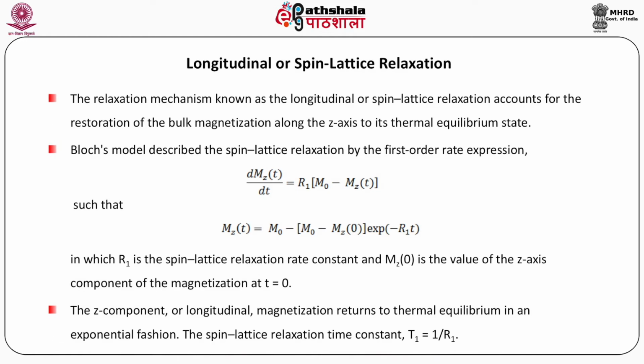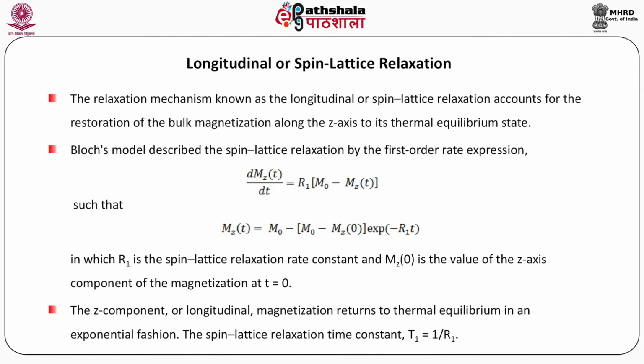Longitudinal or spin-lattice relaxation. The relaxation mechanism known as the longitudinal or spin-lattice relaxation accounts for the restoration of the bulk magnetization along the z-axis to its thermal equilibrium state.